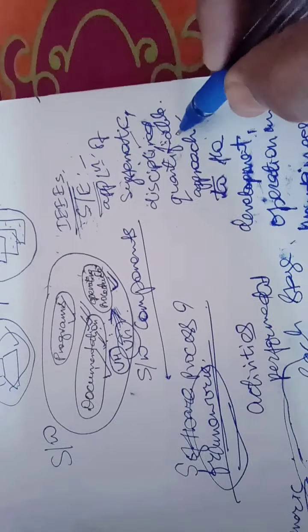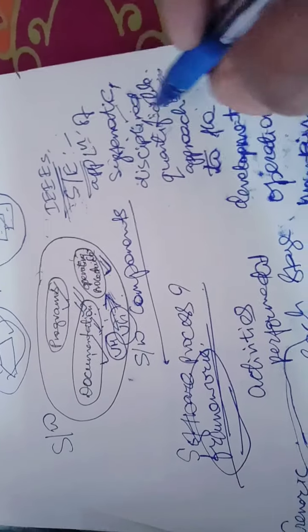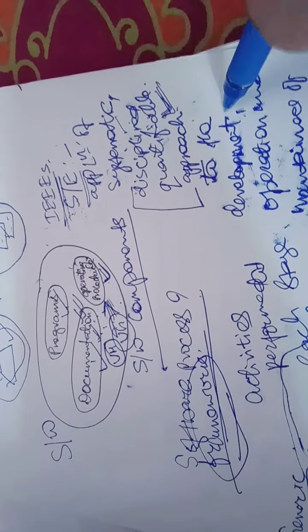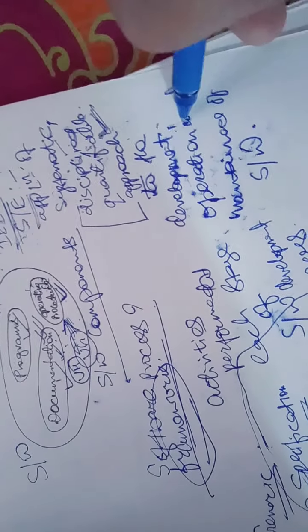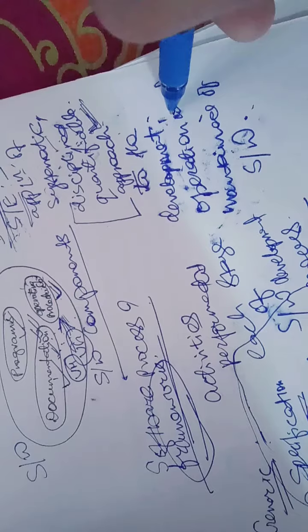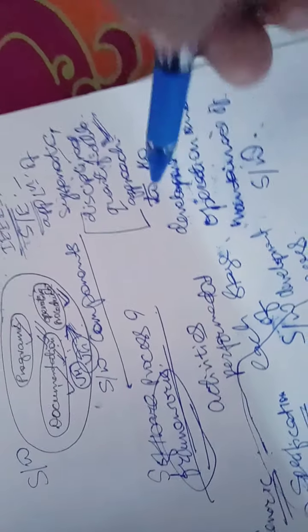That's why we call it quantifiable. So it is the application of these processes to develop the operation and the maintenance of the software. This is the definition given by IEEE.